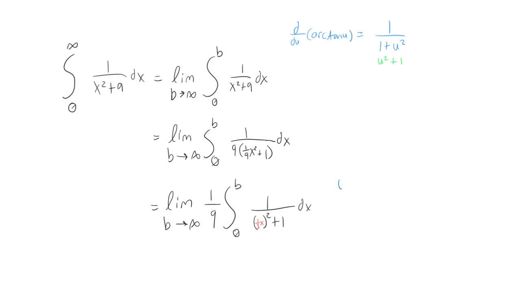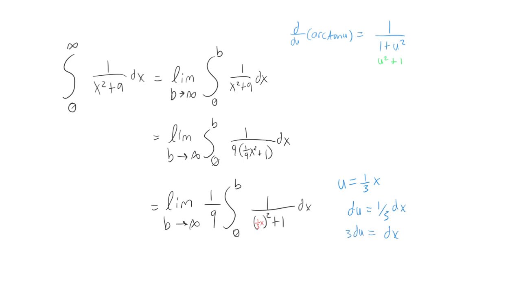We could then say that u is clearly 1/3 x, not 1/3 x squared, but u is the actual number that's being squared here. Then du is therefore 1/3 dx, and then dx is 3 du.